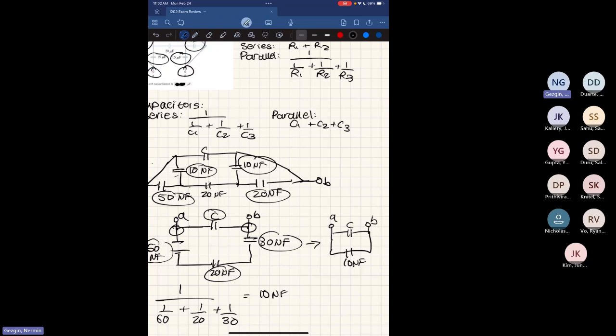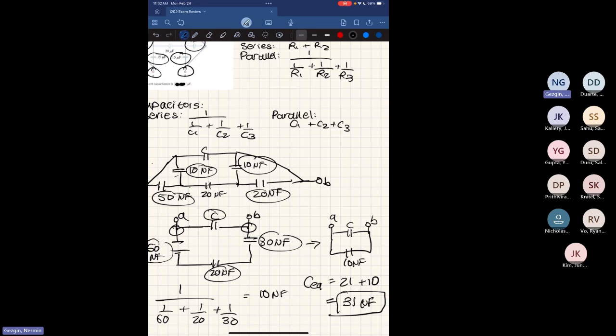And now the final step is we notice C and 10 are in parallel. So again, we just add them up. I believe C is 21 microfarads plus 10 microfarads. So our final answer would be 31 microfarads.